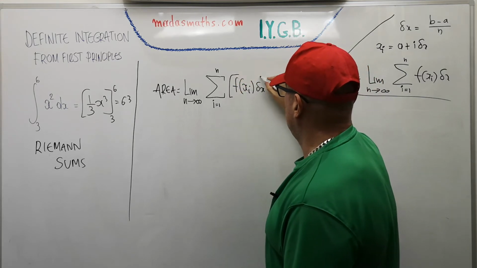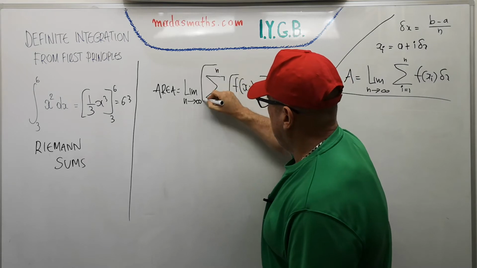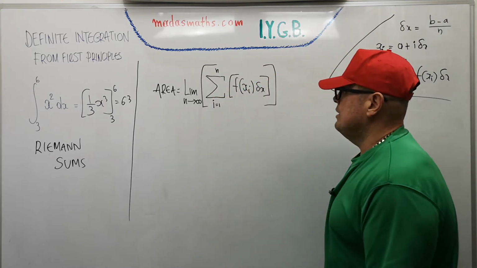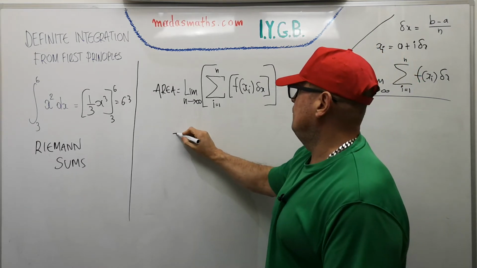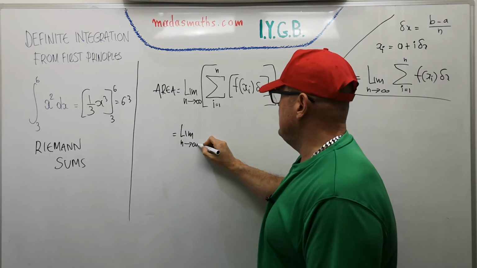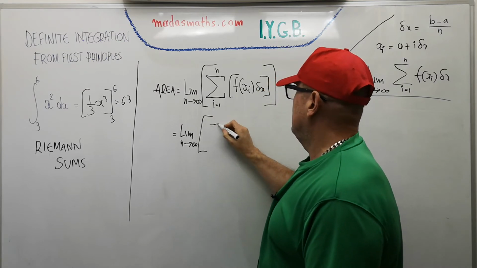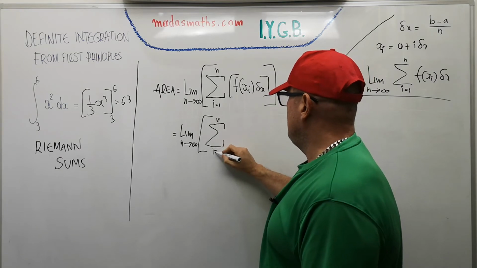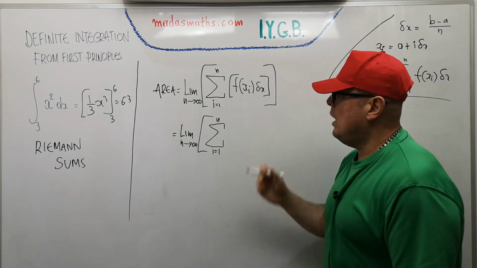This is our limit, and we hope that eventually it is going to give us the 63. Okay, let's start putting things in. Limit as n tends to infinity, the sigma, and let's establish some of these quantities according to how we define them.